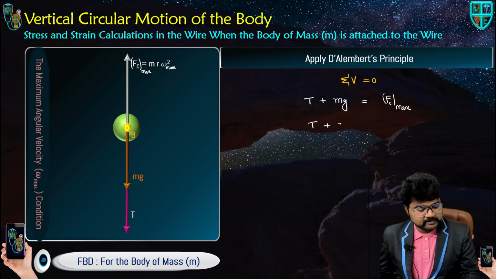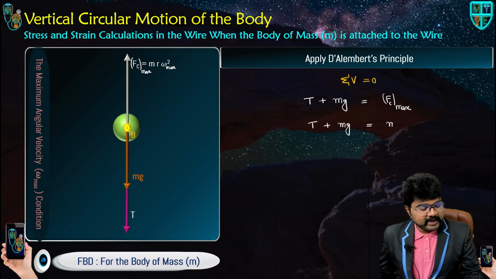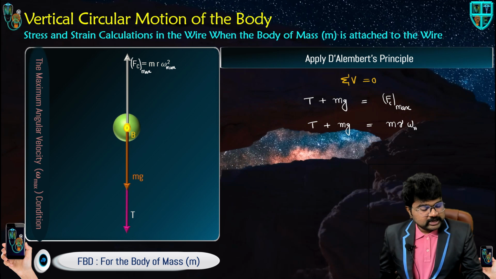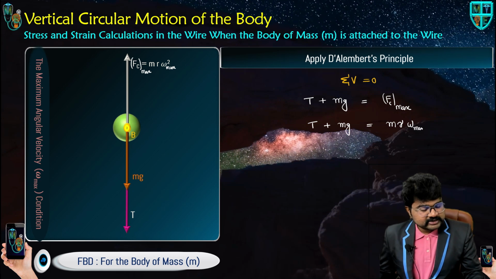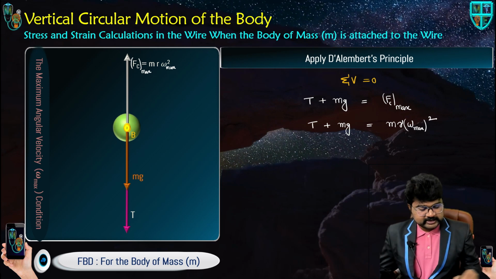Tension in the string plus weight of the body equals maximum centrifugal force, m r omega maximum square.